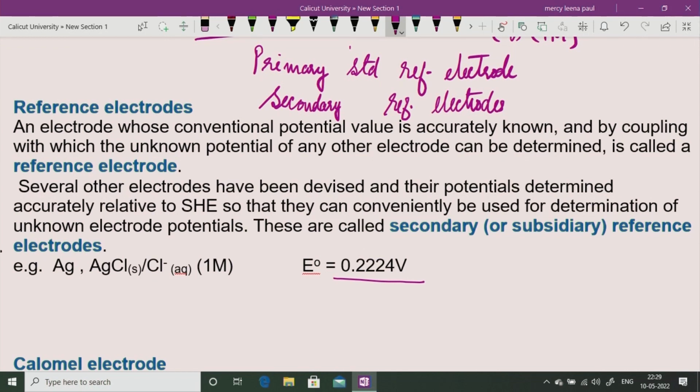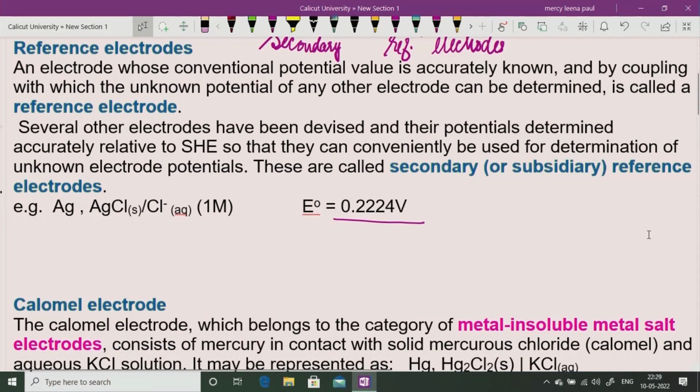So, it is easy to set up, and the electrode reaction for this will be, as I have told you, you have to identify where we have the oxidized state, and that is in AgCl solid, a metal insoluble salt, plus here Ag has only a single positive charge.